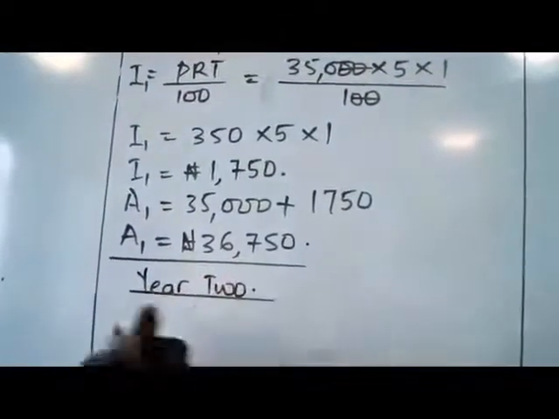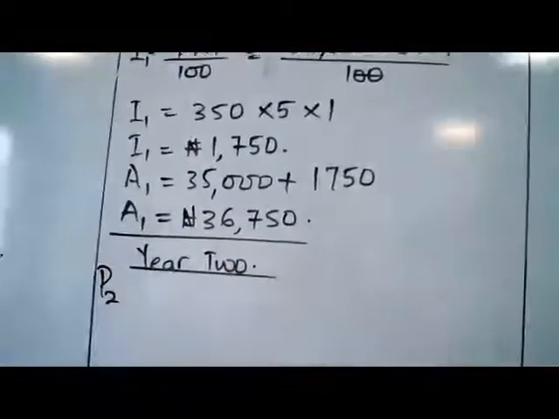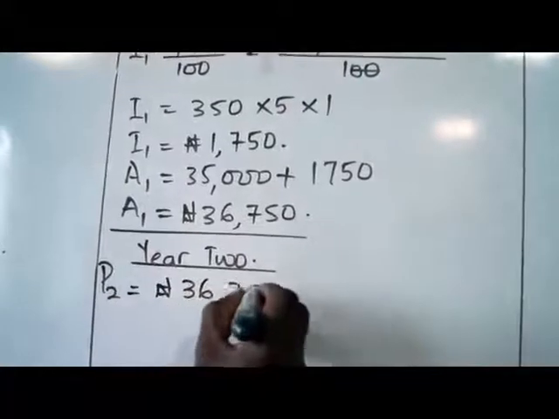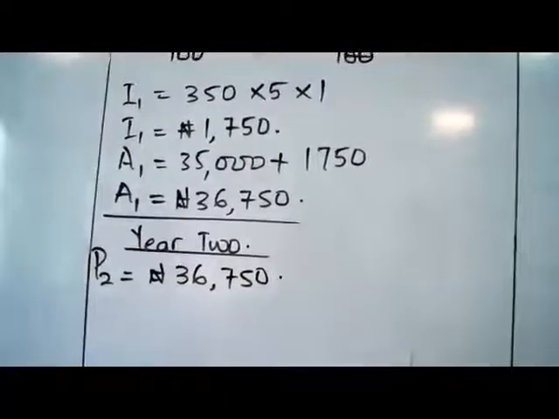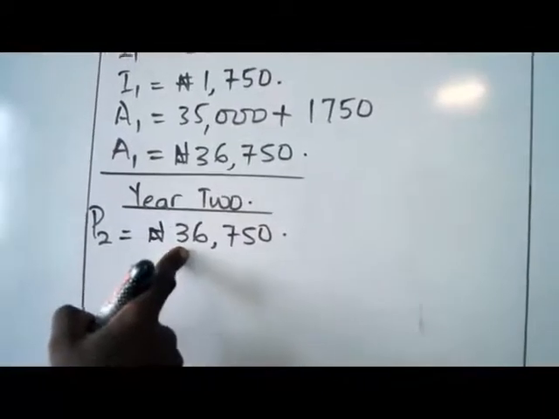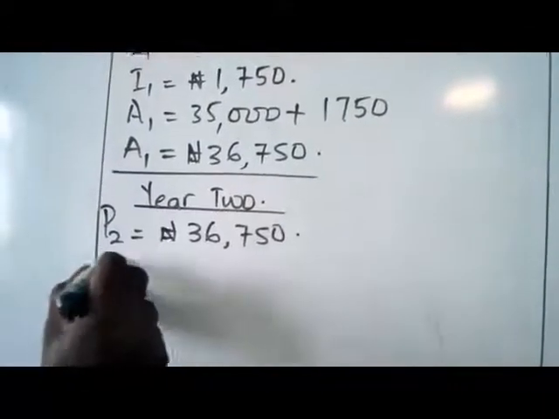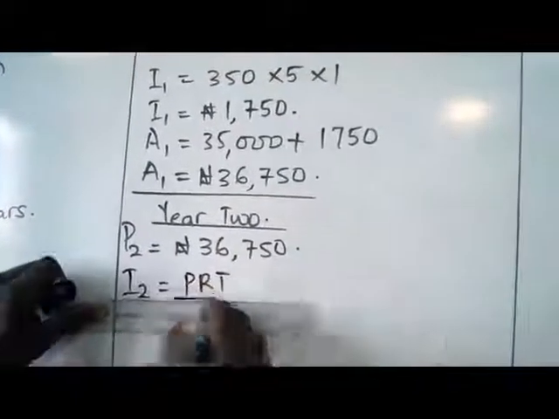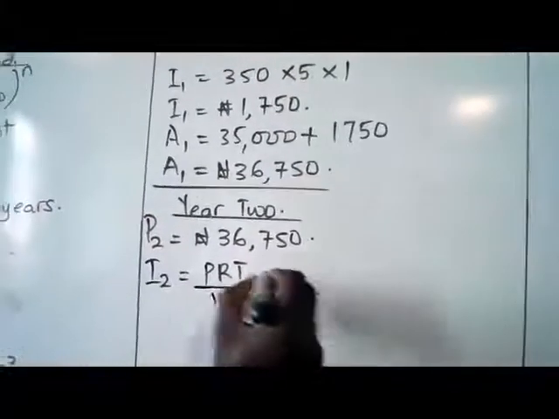So what do I say? My principal at the beginning of year 2 will become 36,750. Then we find the interest that is calculated on this new principal in year 2. So the interest at year 2 will still be the same formula, your simple interest formula, PRT.